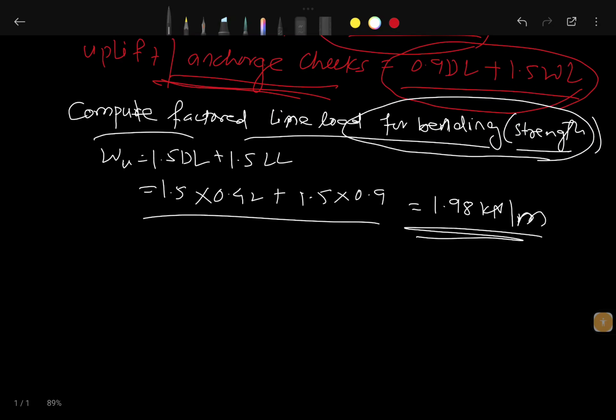Now the second point, maximum bending moment for simply supported assumption. We consider this purlin as simply supported.